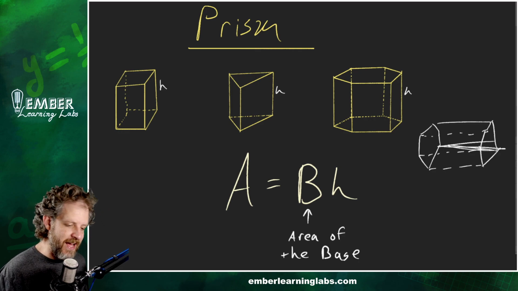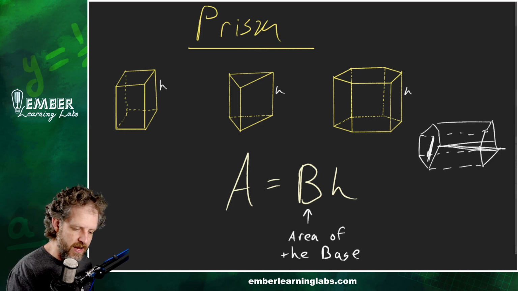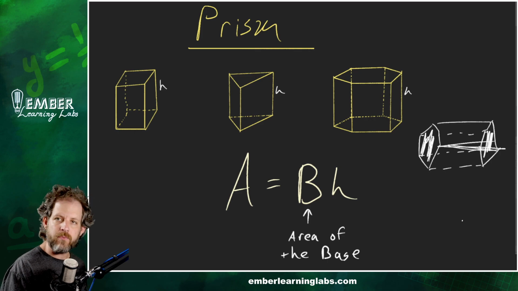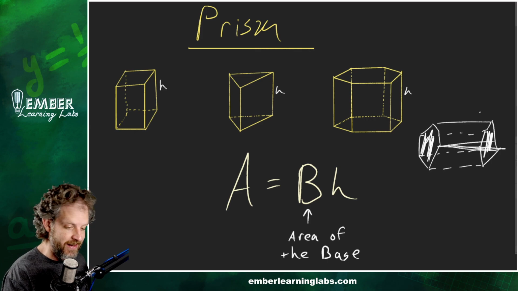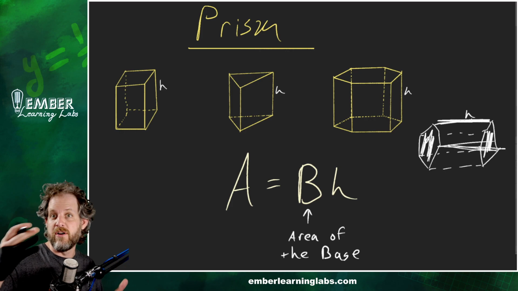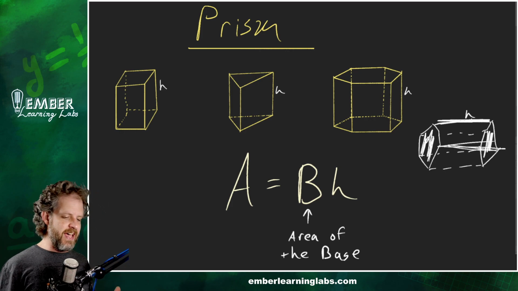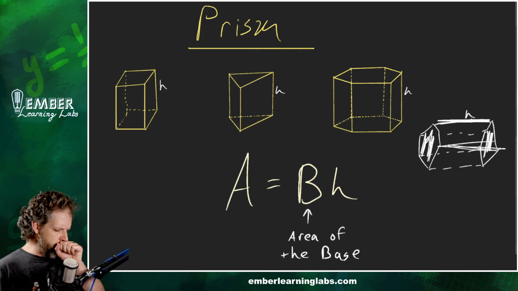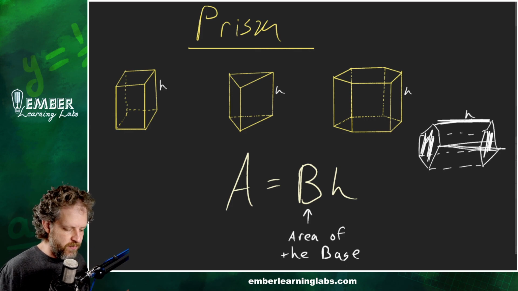Even if it's lying on its side, the base would be these flat sides. So we're still finding the area of the base times the height, and in this case the height would be sideways because it's a hexagonal prism turned sideways. That can be a little bit tricky if they present it that way, but other than that, it's really straightforward.